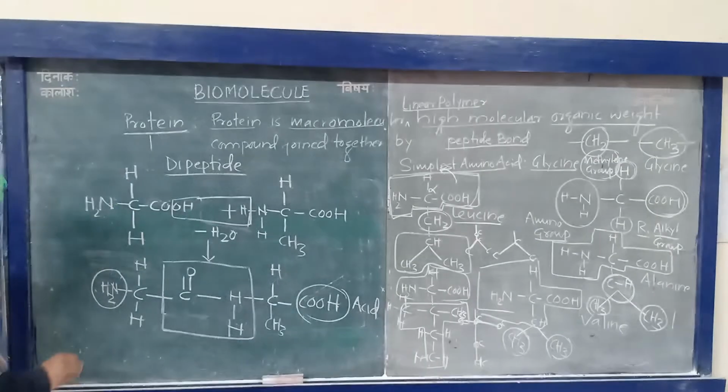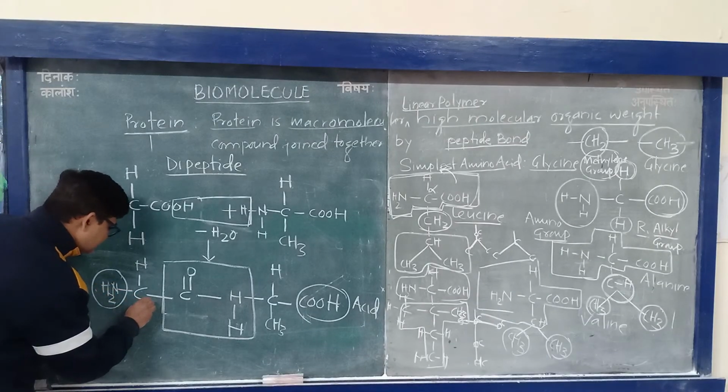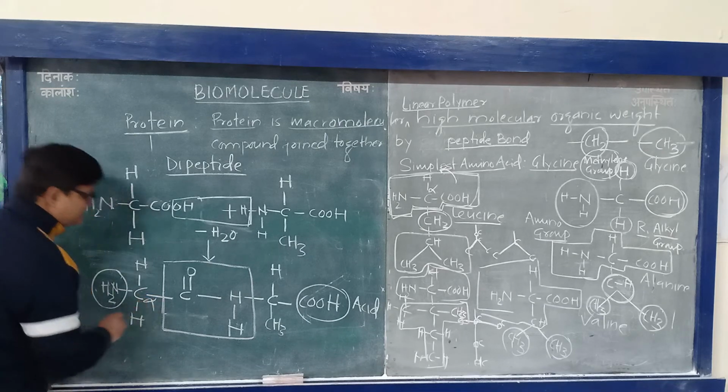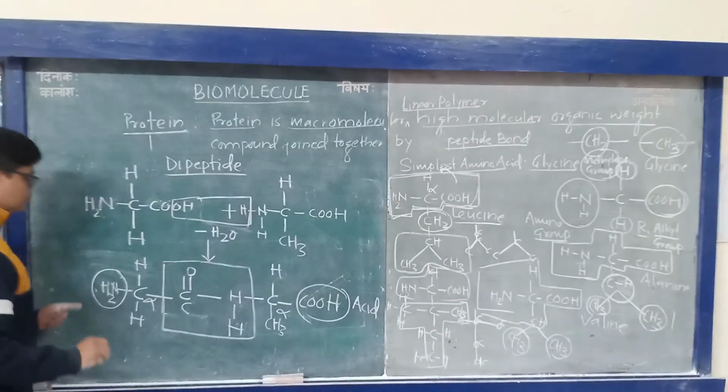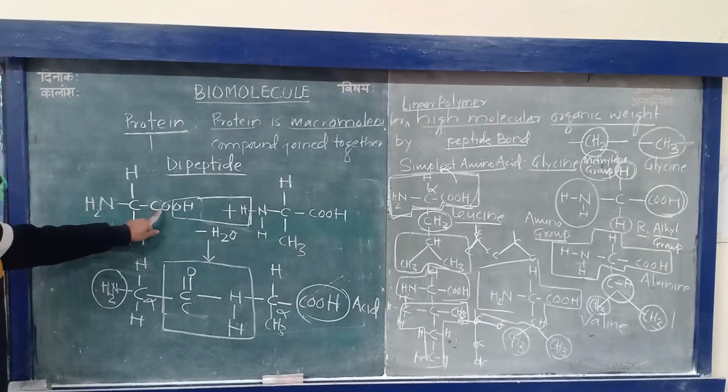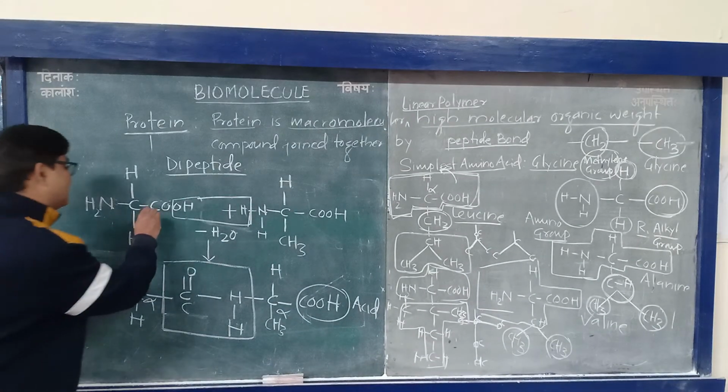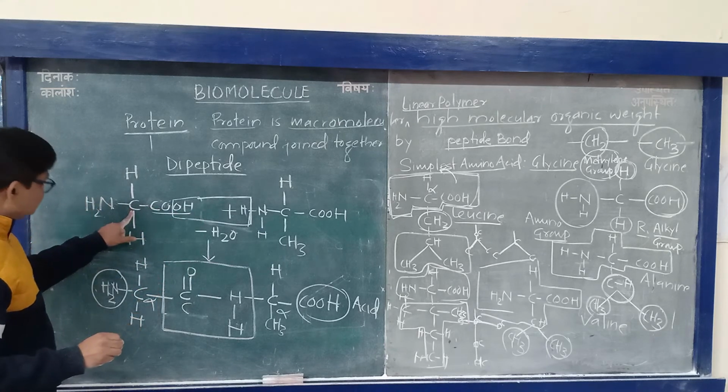So this carbon is C alpha. This is C alpha, C, N and C alpha. Why is it the C alpha carbon? Because the carbon just after the acid group is known as the alpha carbon.